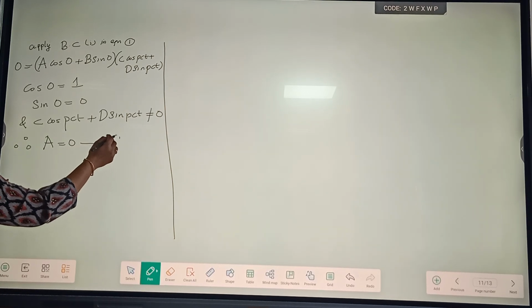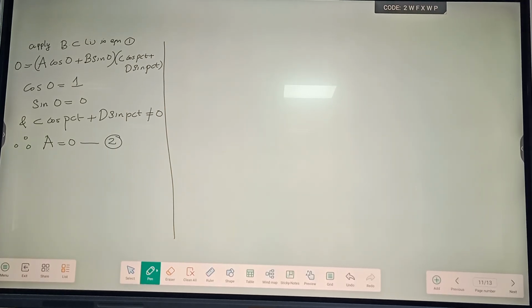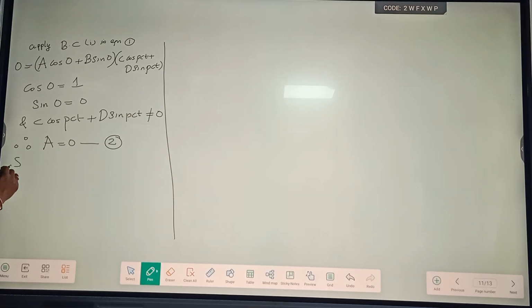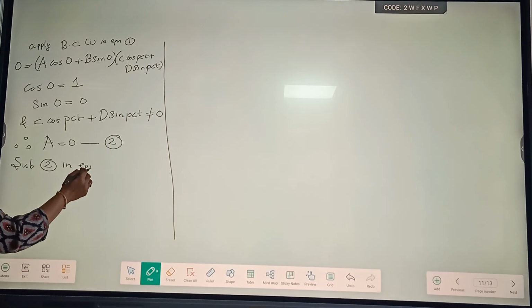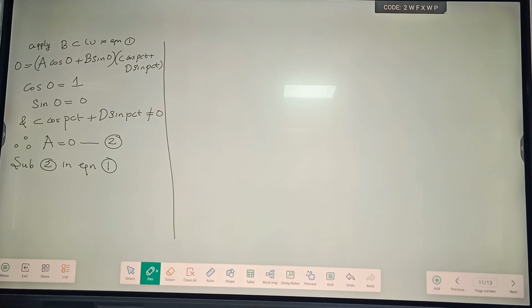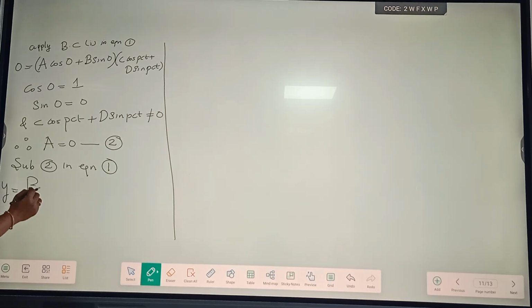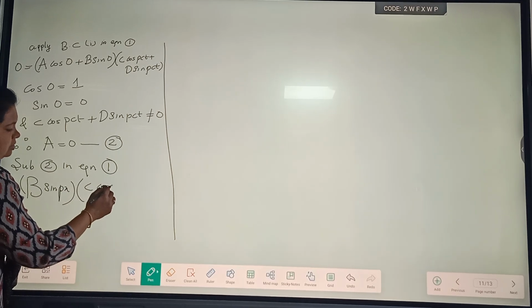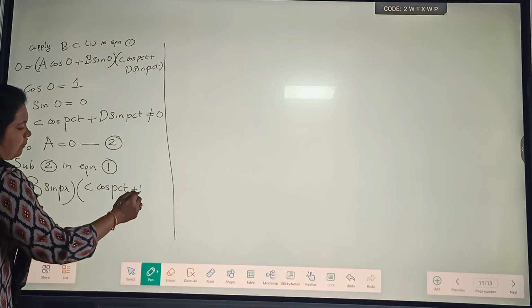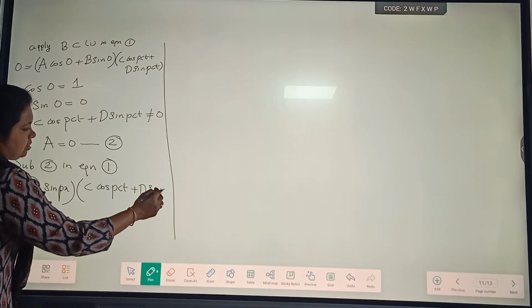Take it as equation number 2. Now substitute 2 in 1. Y equal to B sin px into (C cos pct plus D sin pct).